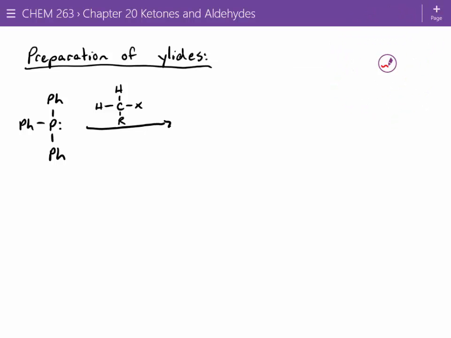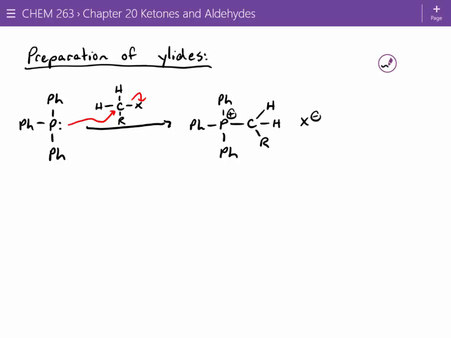And so the phosphorus lone pair can attack our carbon, kick off our leaving group. Yep, it's just a normal SN2 substitution, right? And now you end up with 2 hydrogens and an R group. And then your X minus over here.